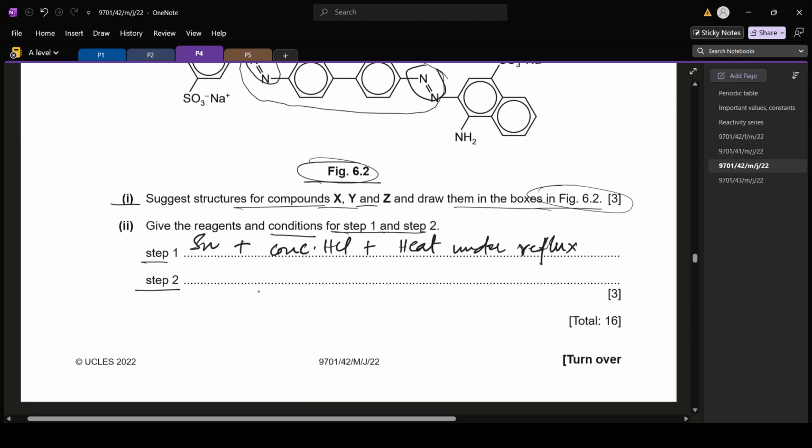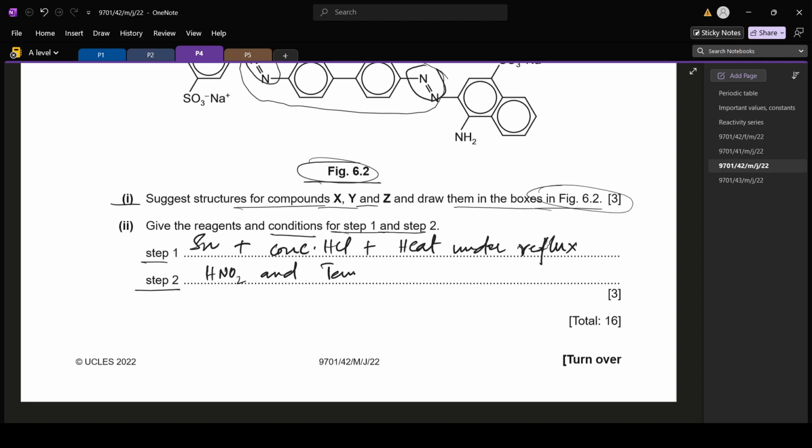So how do you make this diazonamine? Basically you react it with HNO2, this is nitrous acid, and temperature less than or equal to 10 degrees Celsius.